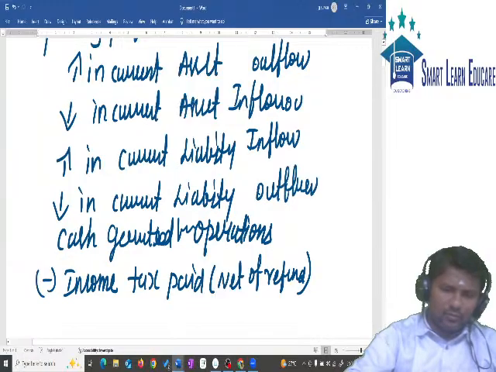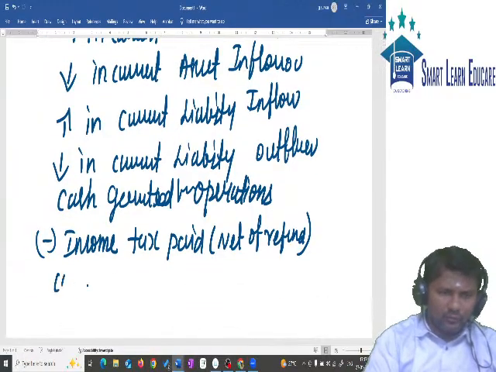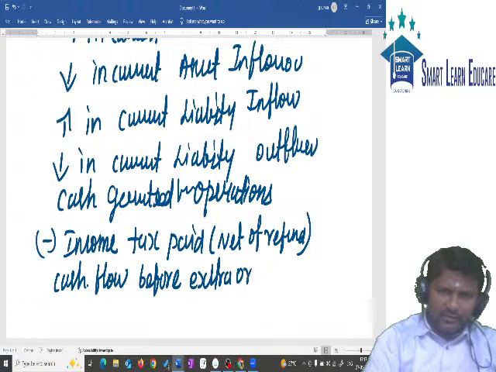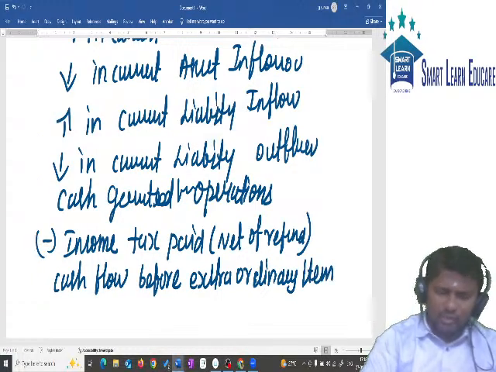This will give you cash flow before extraordinary items.